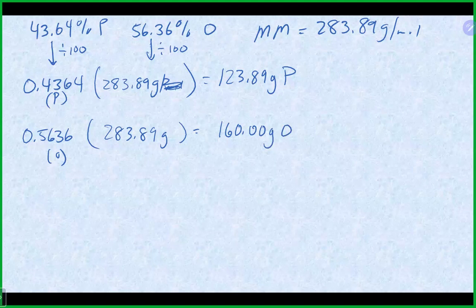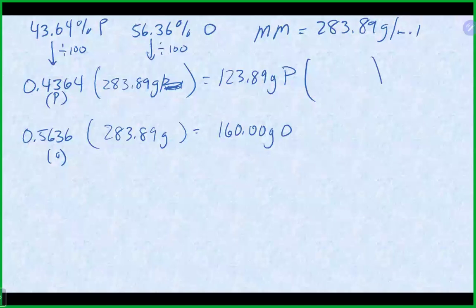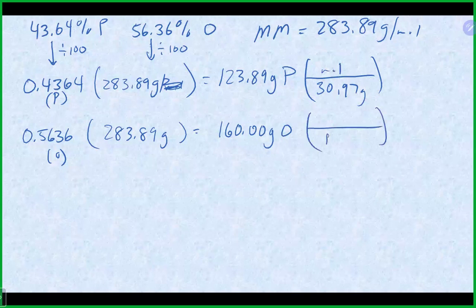So you can use the percent composition by mass and the molar mass of the compound and multiply them together. Obviously, you do need to convert the percentages into decimals. And now what you could do is convert these grams into moles. You could divide by the molar mass of phosphorus, which is 30.97. And you can also divide this by 16 grams per mole.